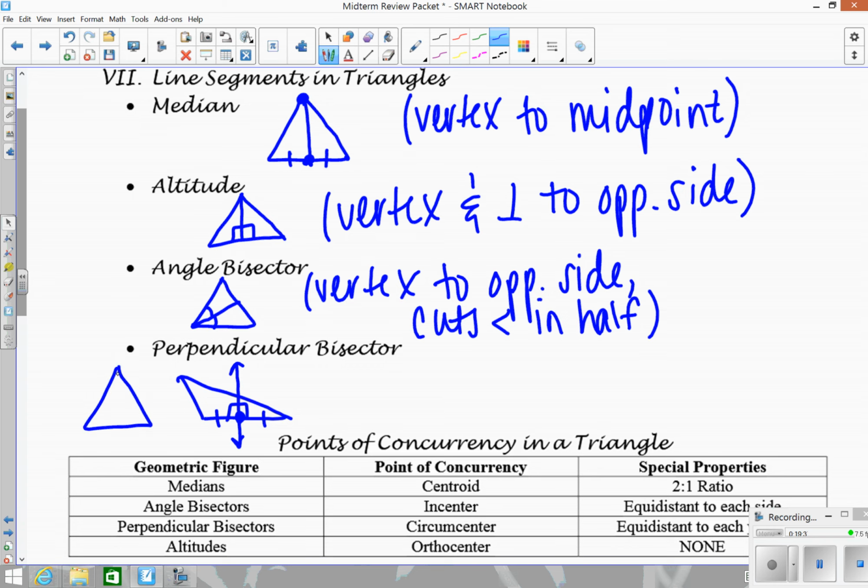However, it can, like in this case, when I draw the midpoint and a line that's perpendicular, it just so happens that it does cross through the vertex.